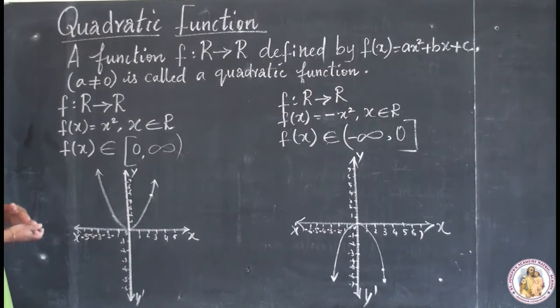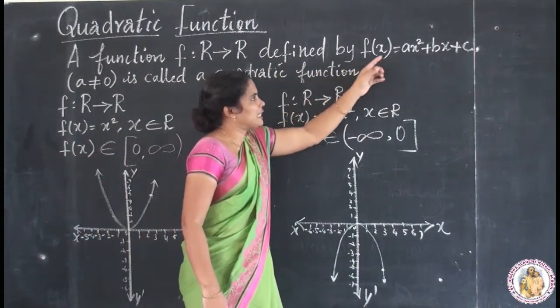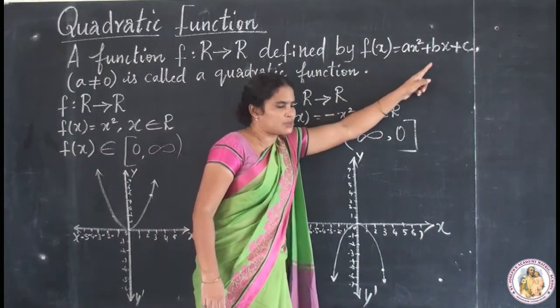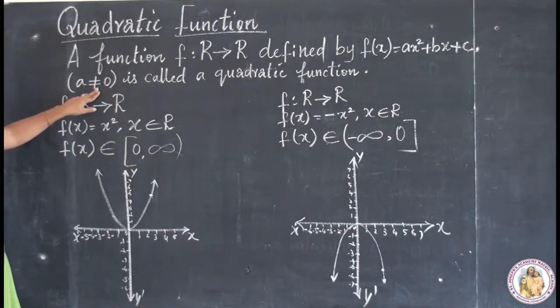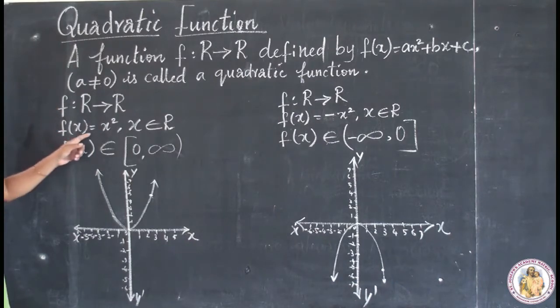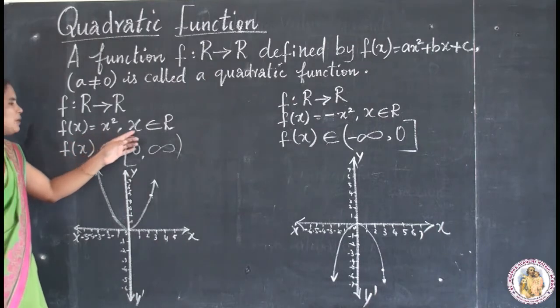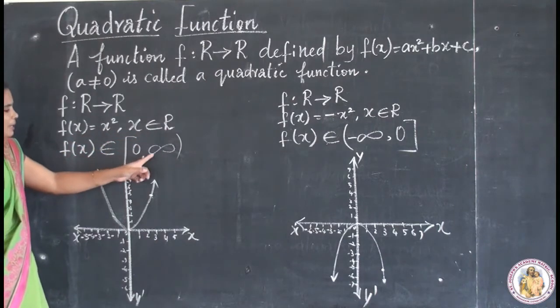Quadratic function: a function f such that R to R is defined by f of x equal to ax square plus bx plus c, if a is not equal to 0, is called a quadratic function. And here f such that R to R is f of x equal to x square, x belongs to R, and f of x belongs to [0, infinity).